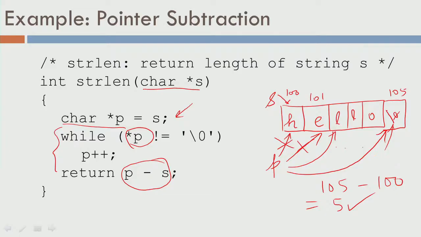At that point p got value 105 and if you do p minus s, it actually gives you 105 minus 100, which is 5. So, when you do arithmetic over pointers, if you do subtraction of pointers, you actually get an integer back and this is something that is very handy. We will see use cases for this in a lot more detail later.